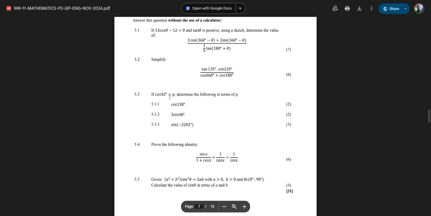Then you will get a question that looks like this, that I call trig in a triangle. So this also entails you drawing a triangle. The difference is that this triangle here won't be in a Cartesian plane. You just draw it like normal.